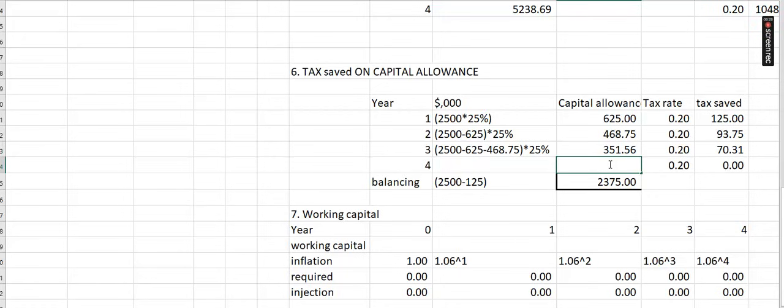How do we find it? Easy. We take the total depreciation minus the sum of the depreciations from year 1 to 3. Then depreciation in year 4 is a balance.